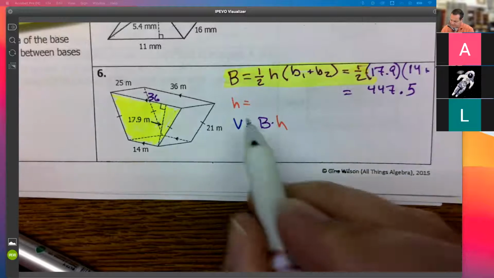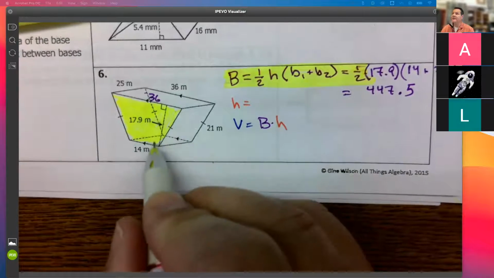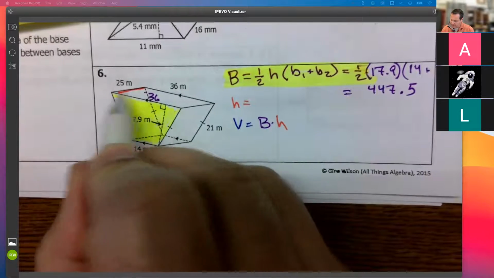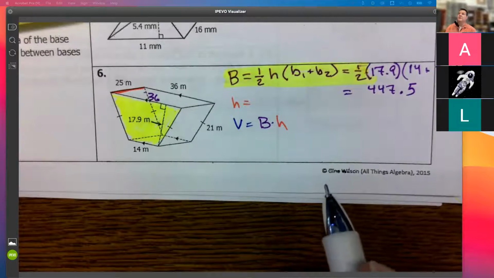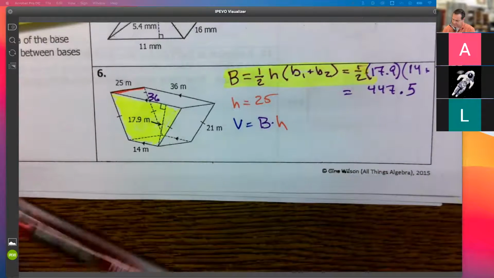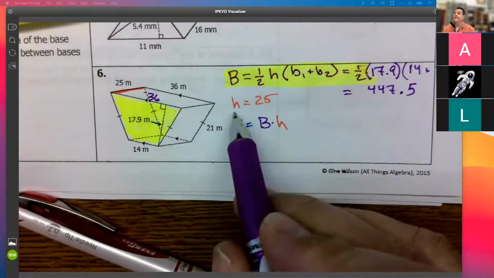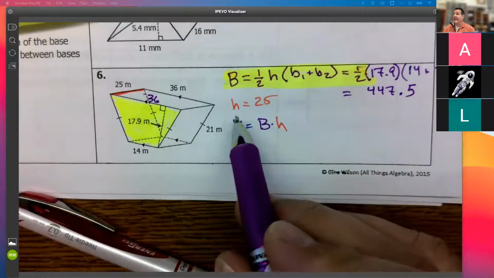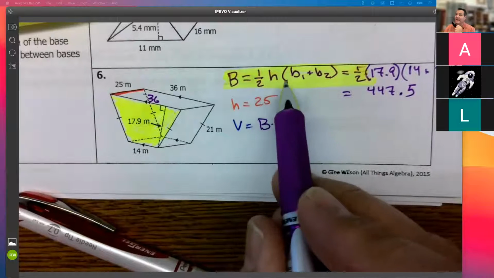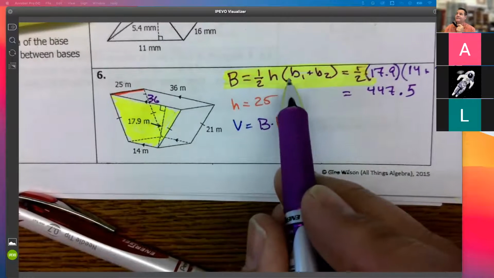What's my H? My height. Well, we used 17.9 before, but for this one, we want to do the double stuff, right? What's the gap between the bases? So that would be the 25. Instead of this? You can. But the trick is when you're finding area, it has to be what's perpendicular to the base you're using.